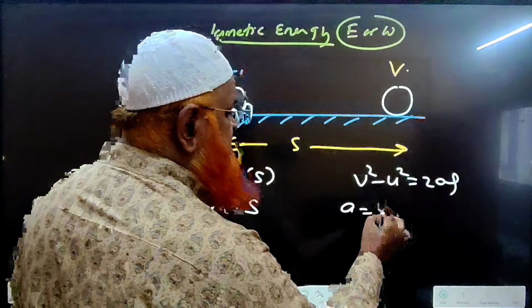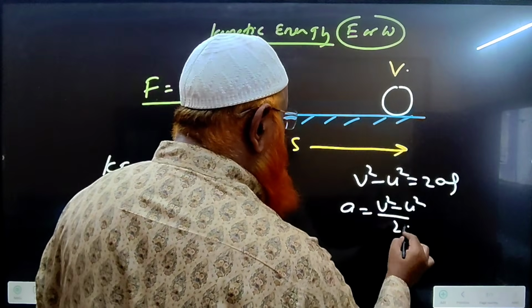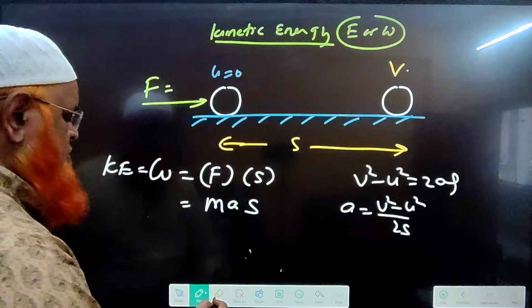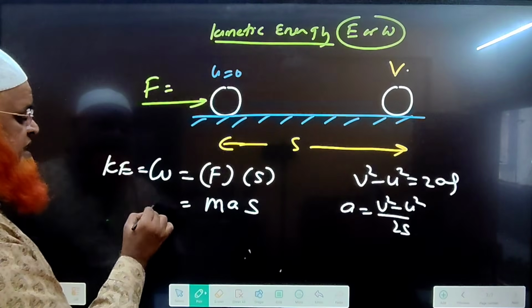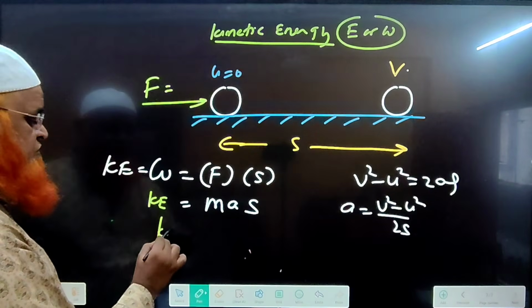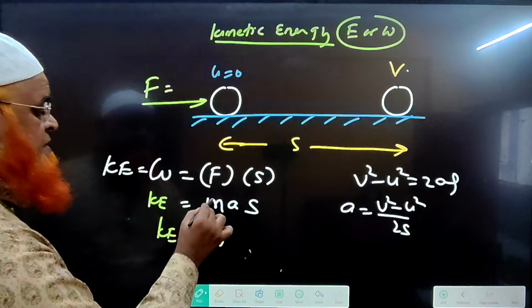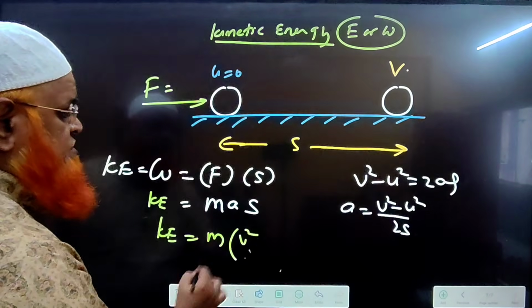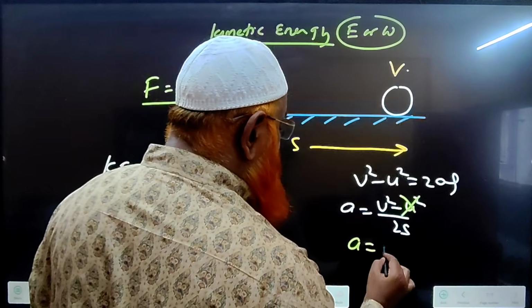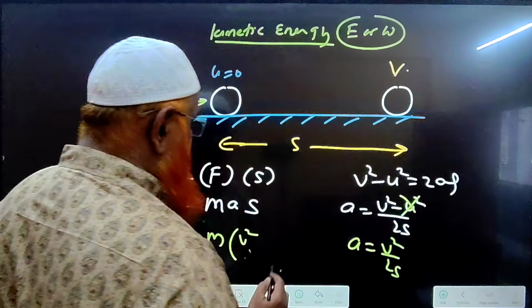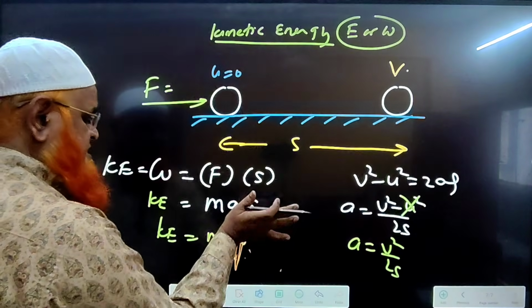From this, a is equal to v square minus u square by 2s. You got the acceleration formula. So work done, which is nothing but kinetic energy here, is equal to mass times acceleration. Here the initial velocity is 0, so the acceleration is v square by 2s.